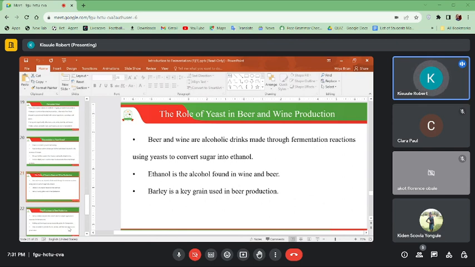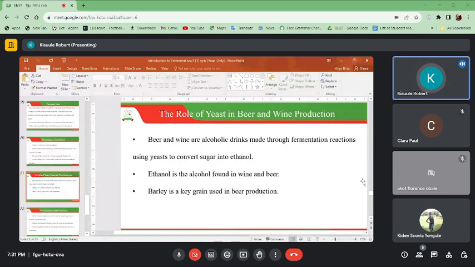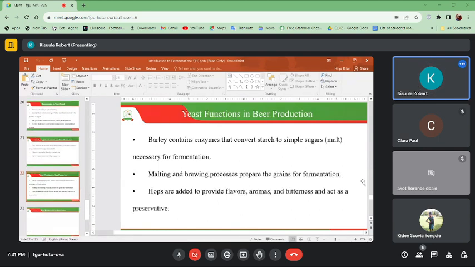When you look at most of those, barley is also a grain, okay, and it's also a carbohydrate. Yeah, I don't know which foods that are edible that could come from barley, but then really we could use barley in beer production. Once you look at the constituents or the ingredients used in making the different malts and also the different beers, you will see that barley is a key ingredient.